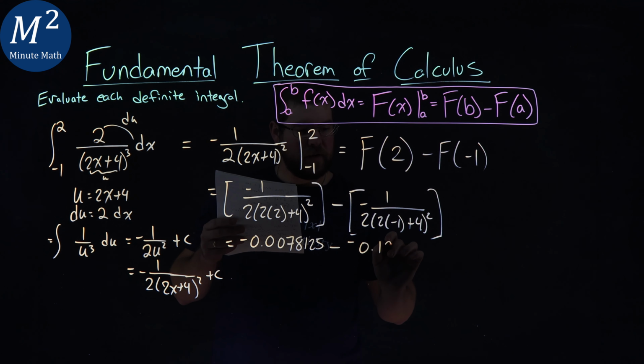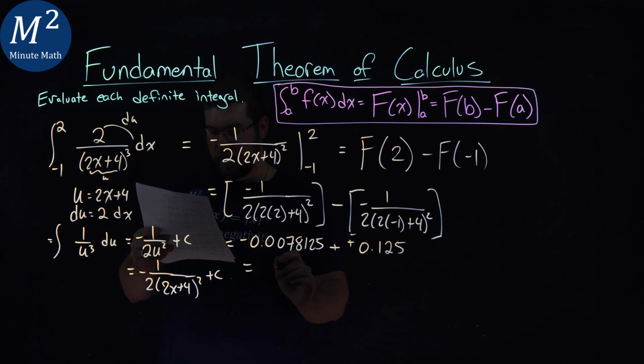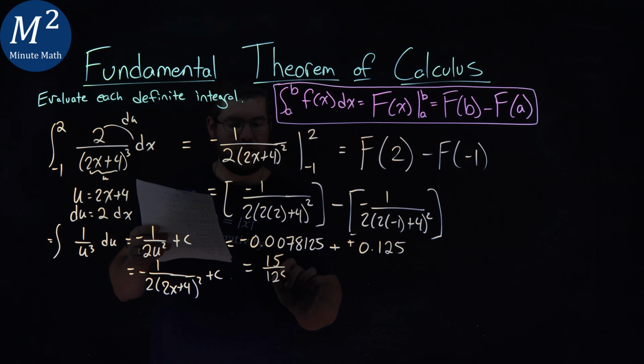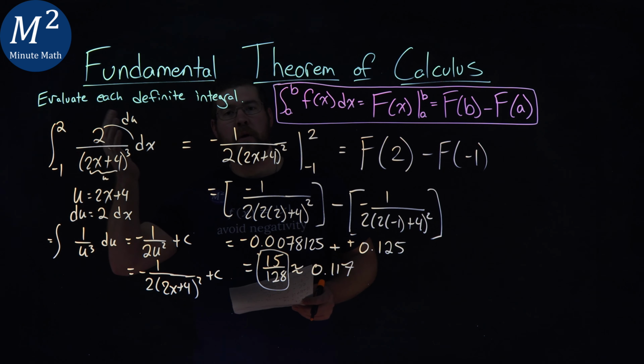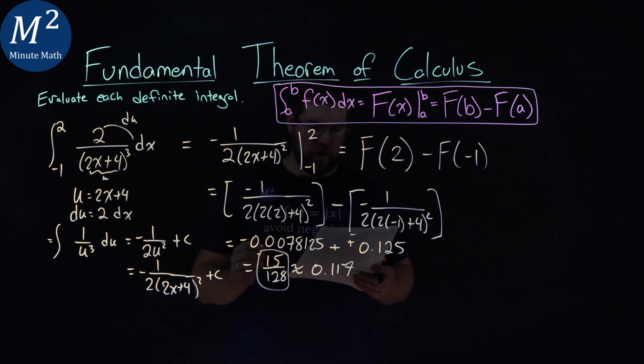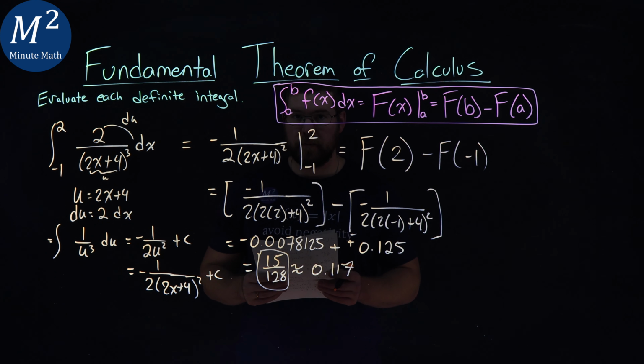When we combine them together, this actually comes out to be the fraction, right? We get a positive going on right there. It becomes a fraction of 15 over 128, which is approximately, if you want to round it here, 0.117. Either way, we have our answer in fraction or decimal form, and so our integral from negative 1 to 2 of our function is 15 over 128.